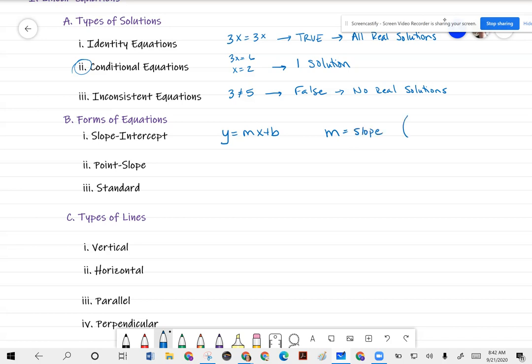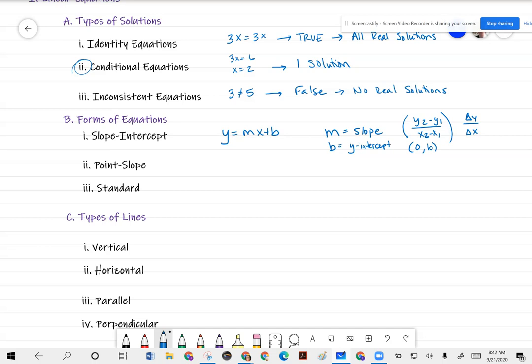And again, to find the slope, it's y2 minus y1 over x2 minus x1. So we're finding the change in y over the change in x. That triangle represents change. We also have the b, which is the y-intercept, which is always given when the x value is 0.